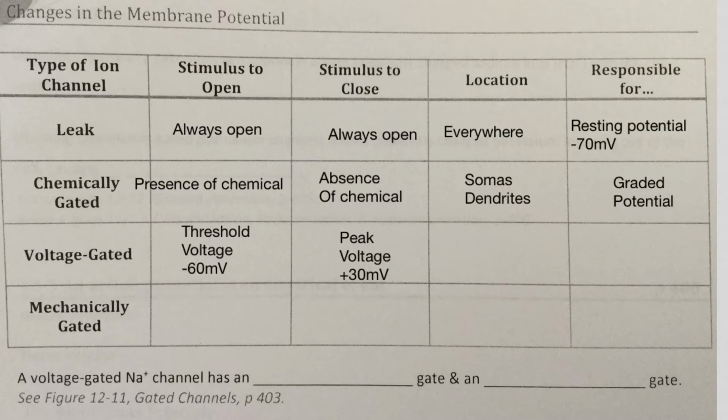And the location of voltage-gated ion channels are going to be the excitable membranes. So specifically, the axons, the dendrites, and the synaptic knobs.